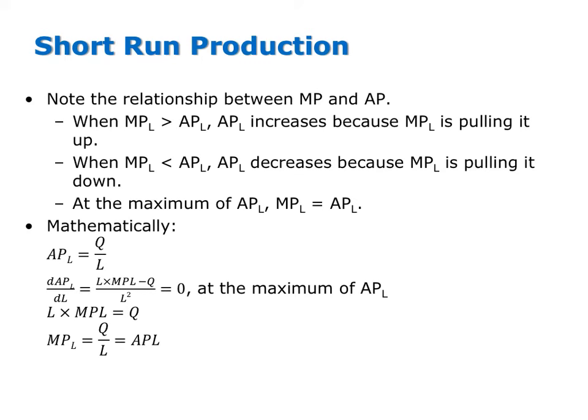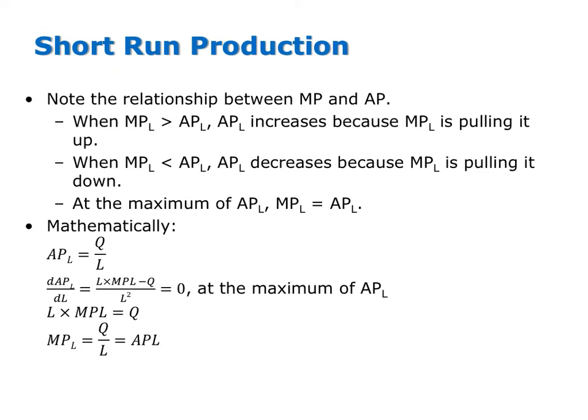Note the relationship between marginal product and average product. Whenever the marginal product of labor is greater than the average, the average has to increase because the marginal is pulling it up. You already know this relationship even if you don't yet know that, because you think about marginal grades and your grade point average.